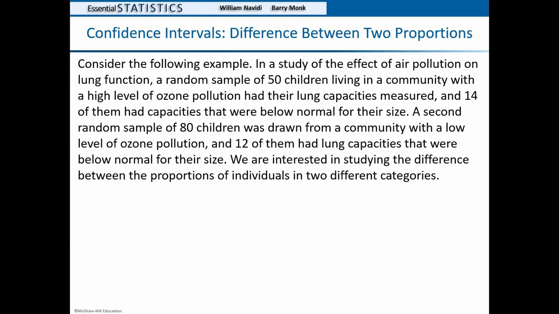We are interested in studying the difference between the proportions of individuals in two different categories, one from a group that had high ozone pollution, one from a low level of ozone pollution, and then look at the difference of the lung capacities.